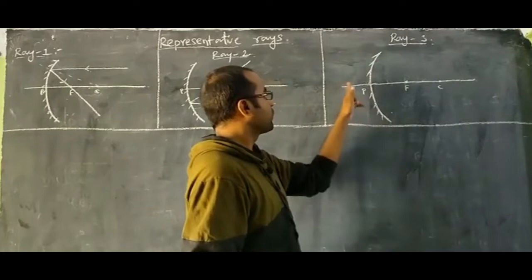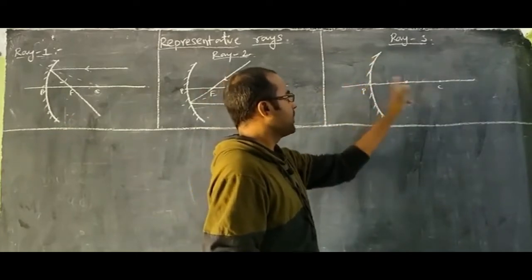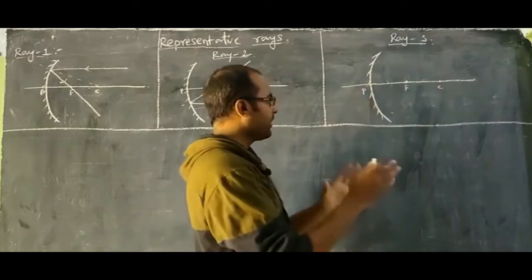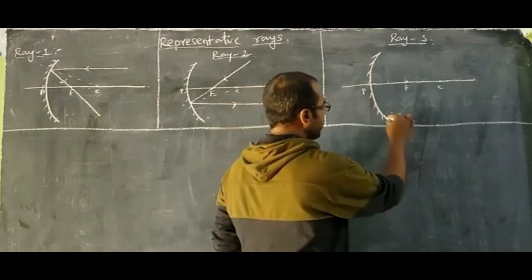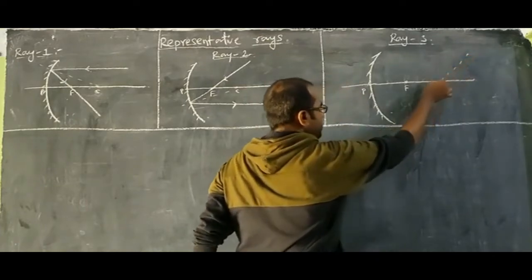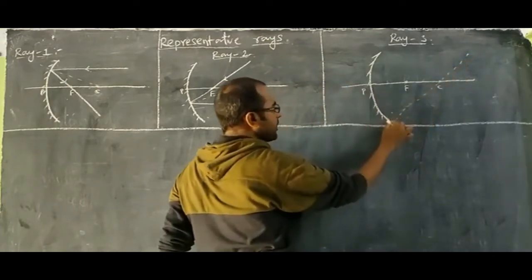So here the concave mirror, principal axis, center of curvature, focus and pole. Let us take another ray, the third ray, which is passing through the center of curvature.